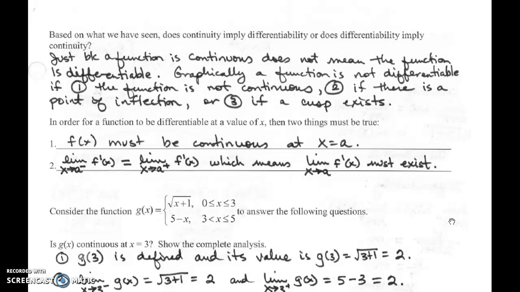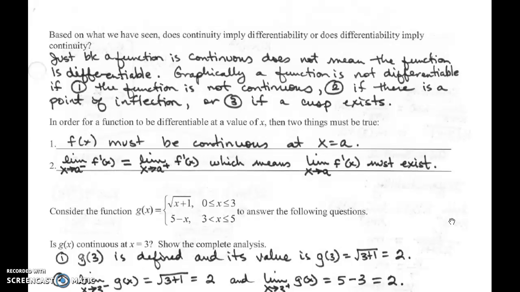Now you got to be careful with that statement. I'm not a big fan of how he says it, because there are points of inflection that are differentiable, because polynomials are always continuous and polynomials have points of inflection, so I don't like that he said that. But a cusp or a node is not.